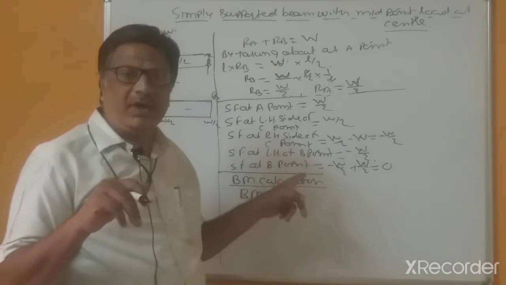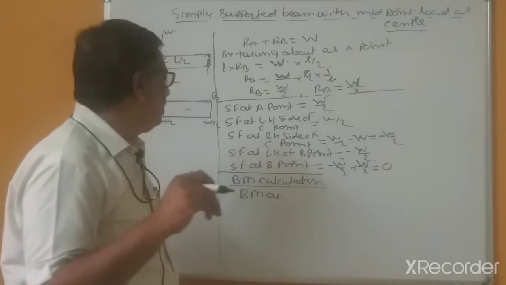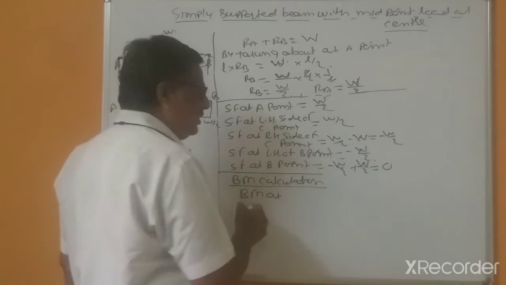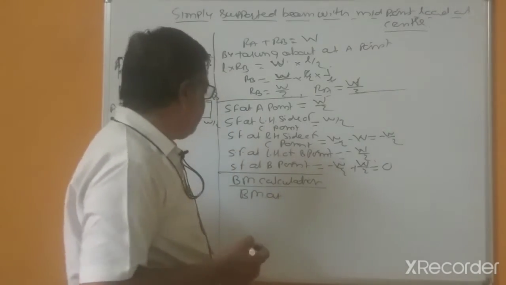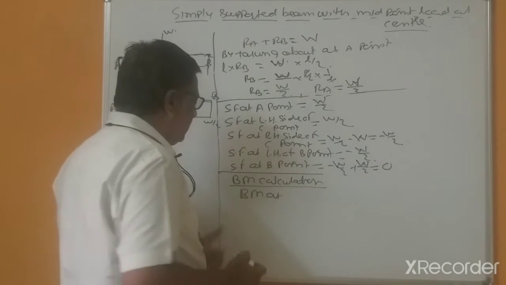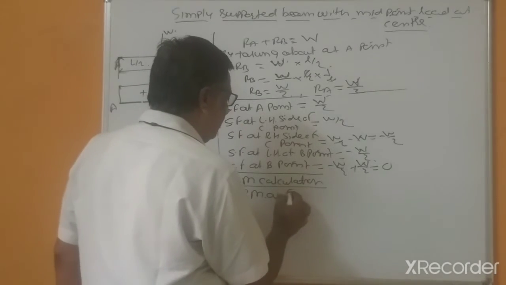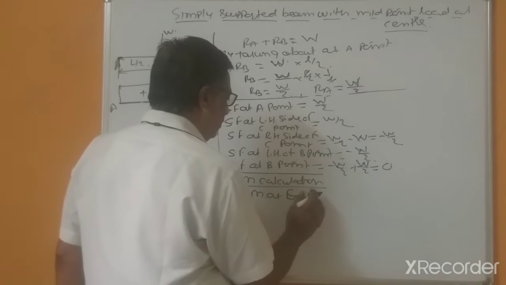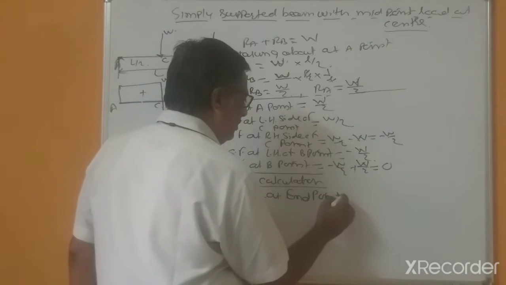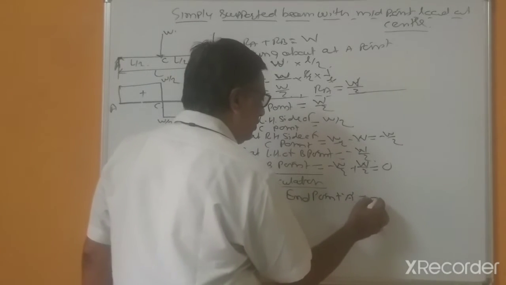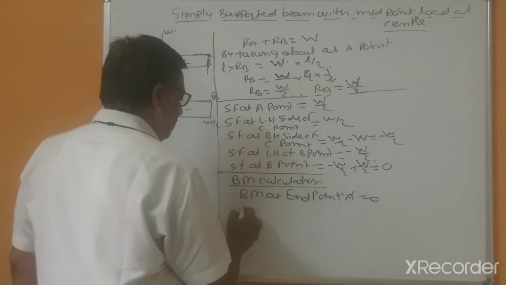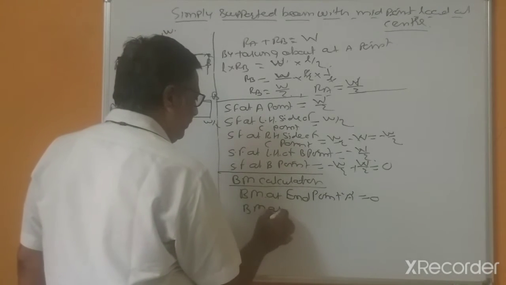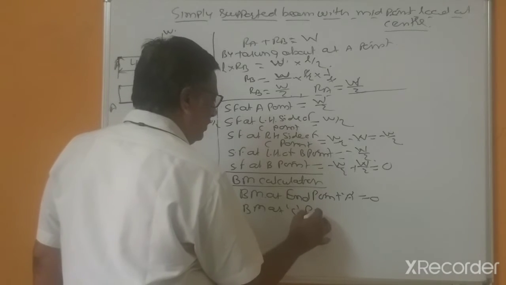What is the bending moment at the end points of a simply supported beam? This is a GATE question. So please understand this: bending moment at end point A equals 0, and bending moment at point C.